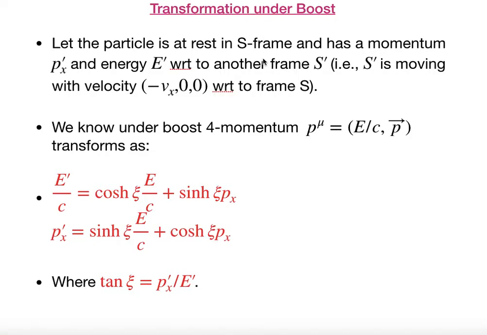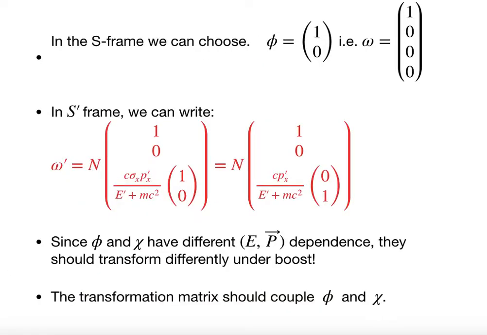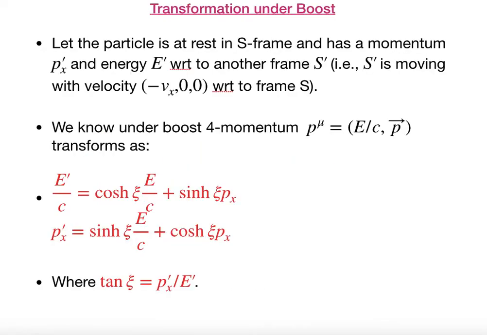Since we have a boost along the x-axis, only the x component changes and the other components don't change, where xi is px prime by E prime. So you can think that a boost is a rotation operator with an imaginary angle.